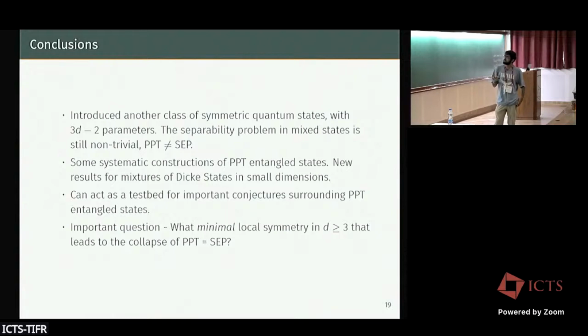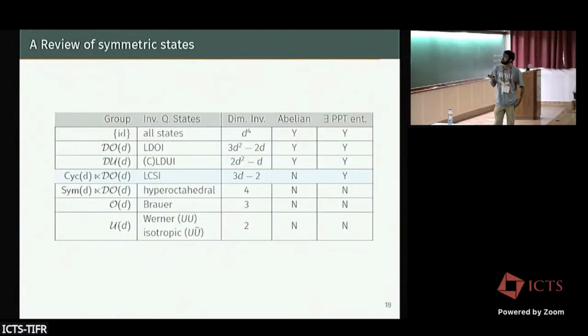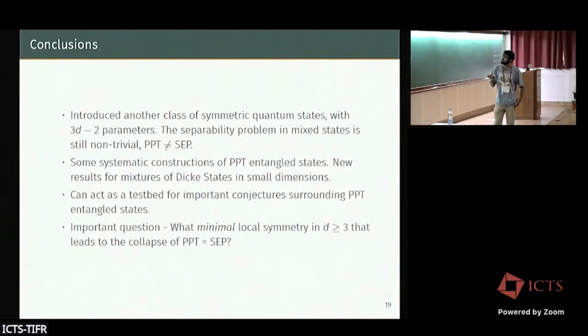The question is what minimal symmetry leads to this collapse of PPT and SEP. As we saw before, we know this is the minimal symmetry for which there's still no PPT entanglement. So the question is, where exactly is PPT entanglement? And thank you. If you have any questions.